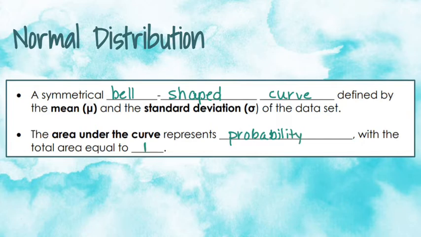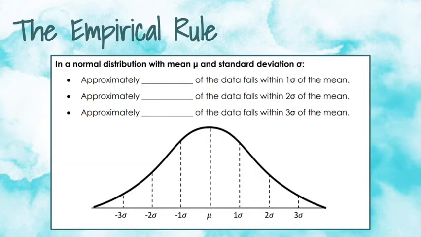So let's look at this a little bit more. There's something called the empirical rule, and it only works with normal distribution. So if we have a normal distribution and we know the mean and we know the standard deviation, we can find out all kinds of things about a set of data.